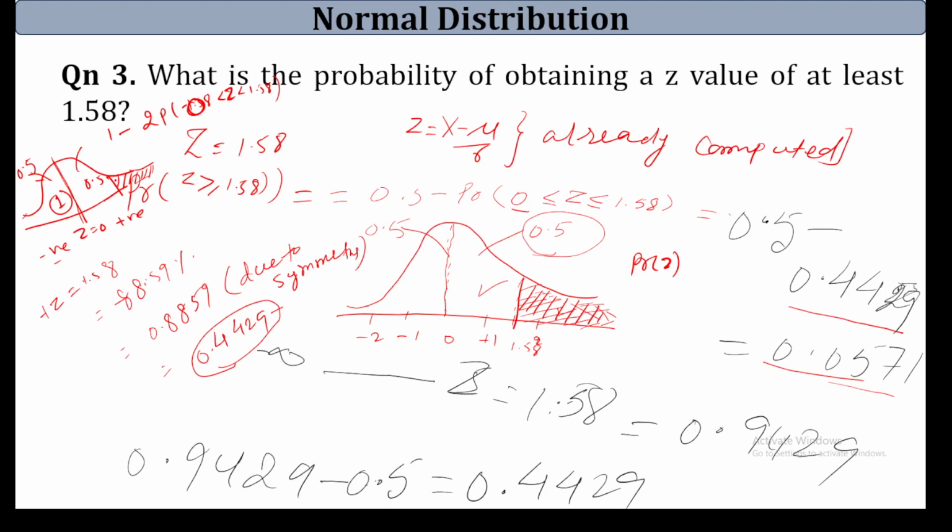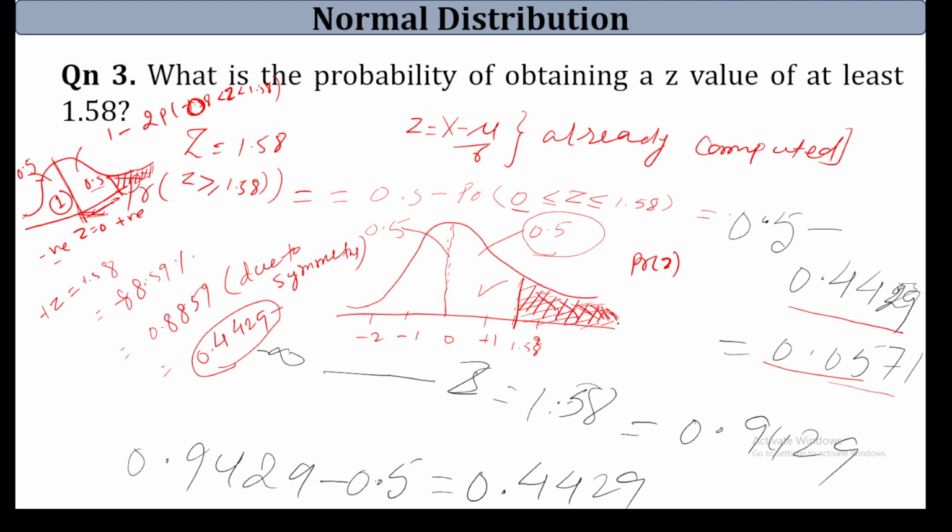If we subtract all this area, instead of 0.5 we will take 2 times of that. But because Z value is greater than 1 on the positive side, we take 0.5, then calculate from here to here, then subtract it, so we get our region of interest, this one.